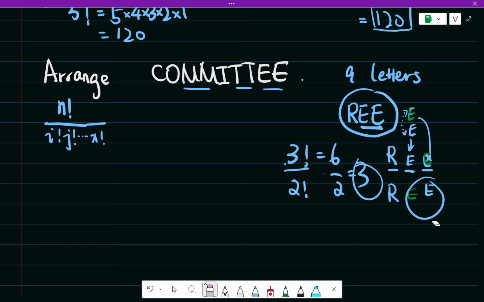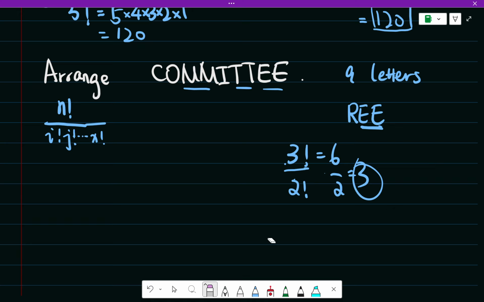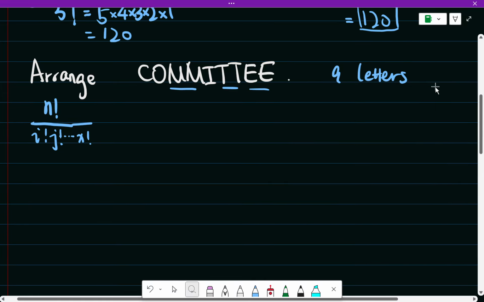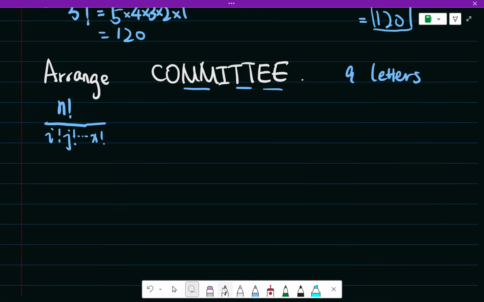And we will see that that is true because when we are arranging REE, the 3 possible ways that we can arrange these 3 letters are REE, ERE, and EER. All the other possible ways are repeating from these 3 fundamental ones. So this is why we come up with this idea of dividing to reduce overcounting.